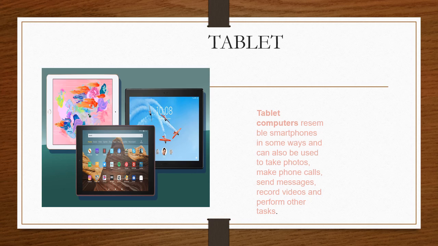These kinds of tabs are like smartphones in bigger size in some ways, and can also be used to take photos and browse and make phone calls, because it has one port for a SIM, so that we can insert the SIM and make calls and do browsing, surfing, everything.